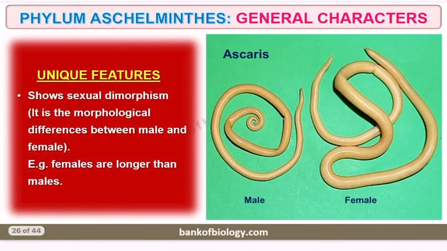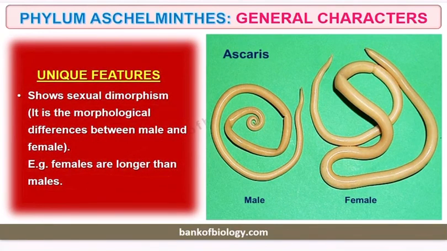And the unique features, an excretory tube to remove body waste through excretory pore. Now you can see the presence of the excretory tube here. The excretory tube is there, which will perform the function of eliminating the waste products. And the unique features, first time it is showing sexual dimorphism, male and female.